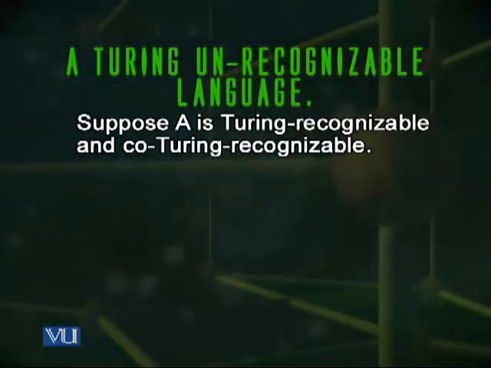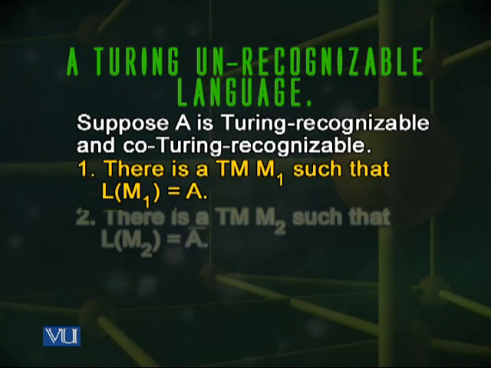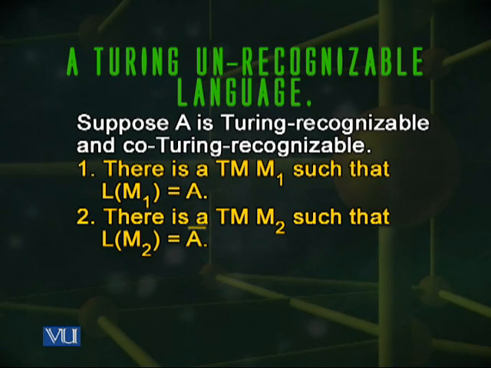Suppose A is Turing recognizable and co-Turing recognizable. Then since A is Turing recognizable, there is a Turing machine M1 such that the language of M1 is exactly equal to A. Since A complement is also Turing recognizable, there is another Turing machine M2 such that the language of M2 is A complement.